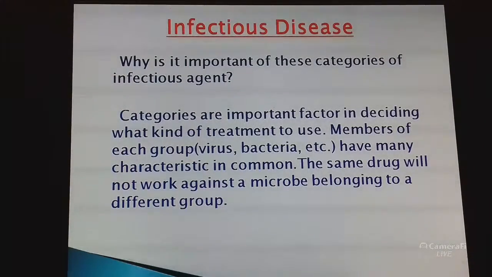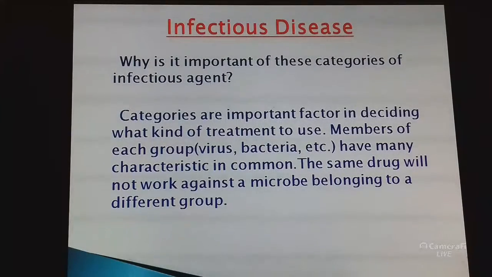The drug that blocks one of these biochemical mechanisms in one member of the group will be effective against any other member of the group, but the same drug will not work against a microbe belonging to a different group. Many biochemical processes inside their cells are similar.